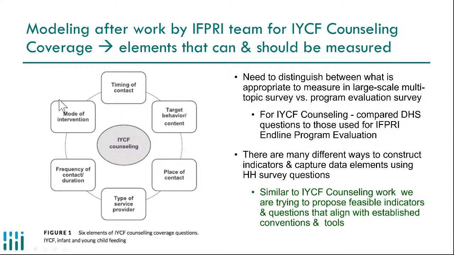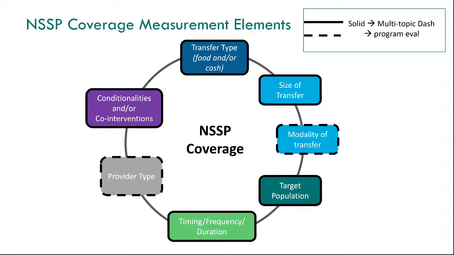And these included elements such as timing, target behavior, place of contact, and so on. We've undertaken a very similar process to do this, and we are proposing feasible indicators and questions that would somewhat align to a framework such as this.